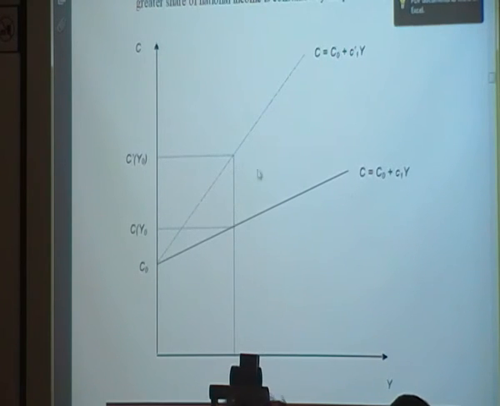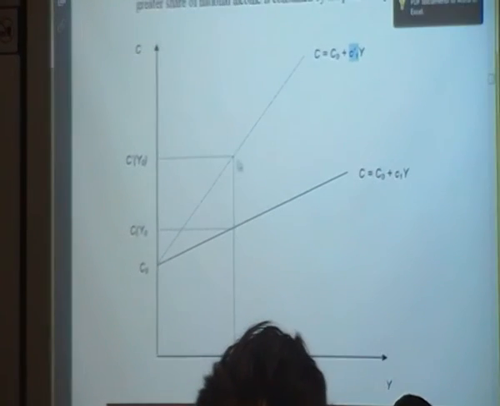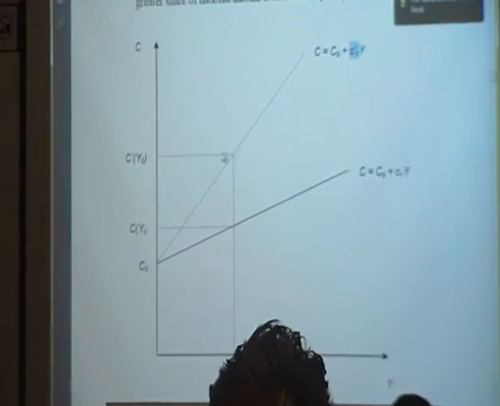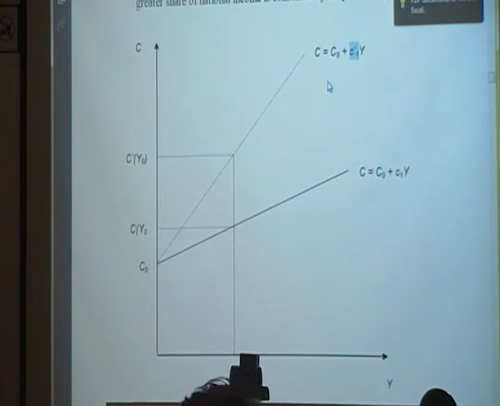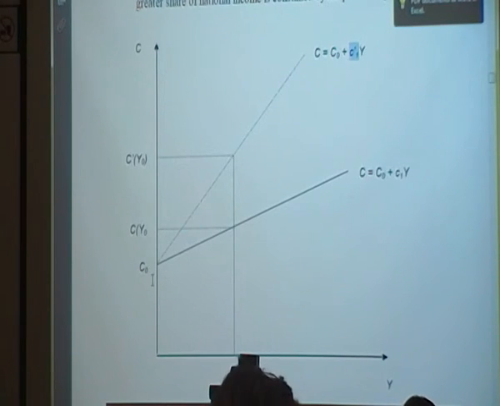Same level of income, but because your C1 increases, you notice that consumption will be higher. That's why your whole consumption line will pivot to the left about the point C0. Right? Agree?